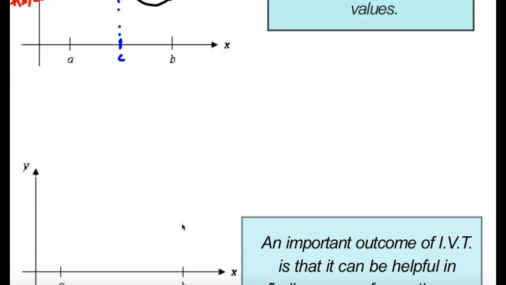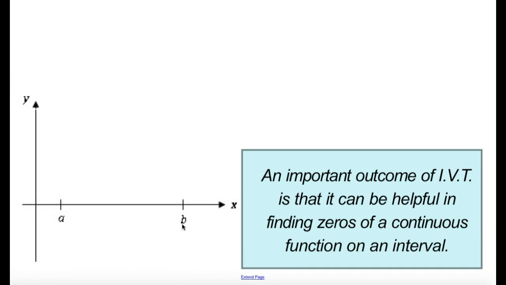But the important idea that comes out of this is, let's say that we've got our function that looks something like this. Here's where we start. I'm just going to take that same graph that I just drew and shift it down a little bit. So here's my f of a, and then down here is my f of b.